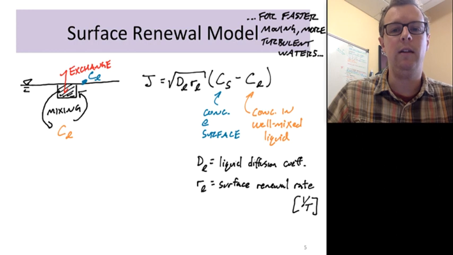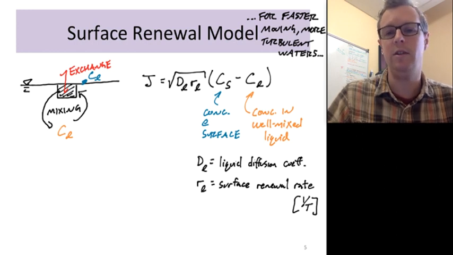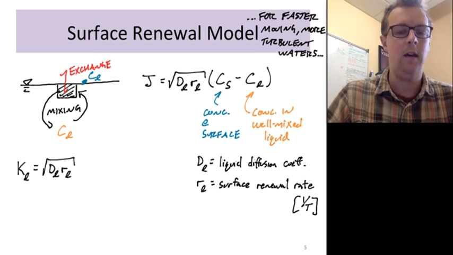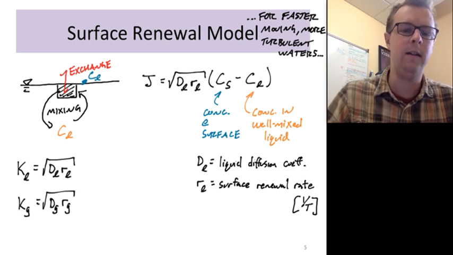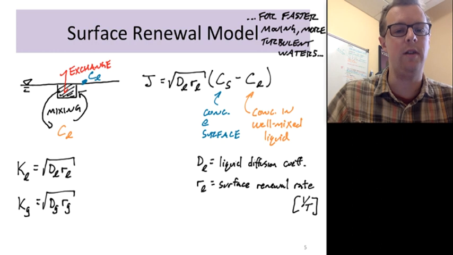And so what we're saying is that the flux across that boundary has something to do with concentration differences and how well mixed the water is, particularly that surface renewal rate and diffusion coefficient. And so if you look at that equation in the top right compared to what we had on the previous slide, you can see that we could describe an effective velocity now as equal to the square root of that diffusion coefficient times the renewal rate.